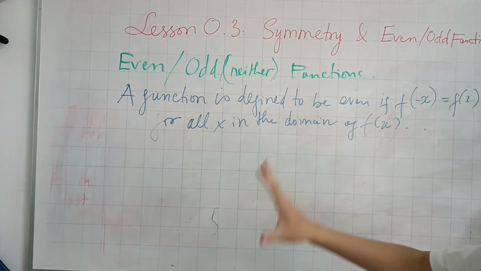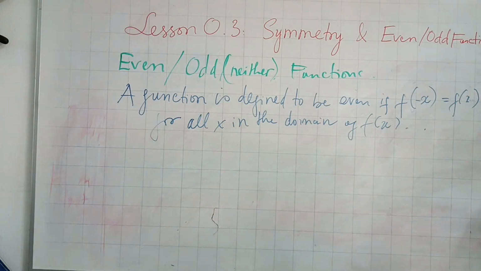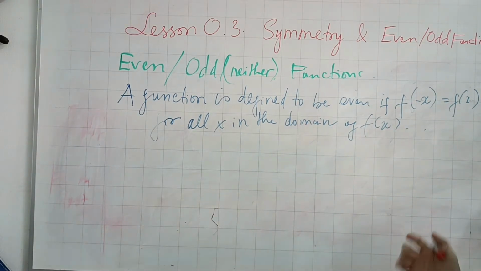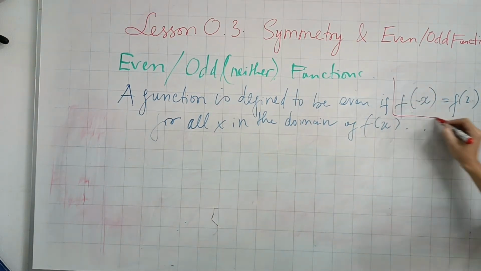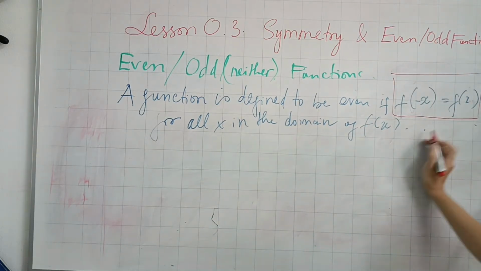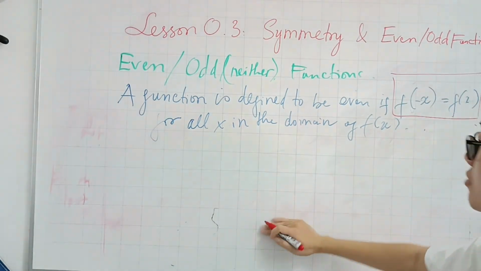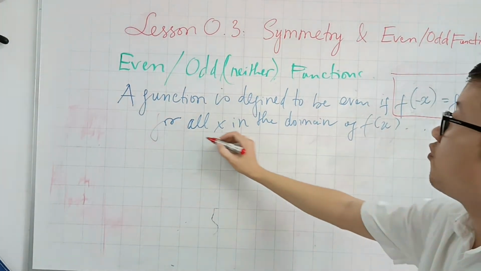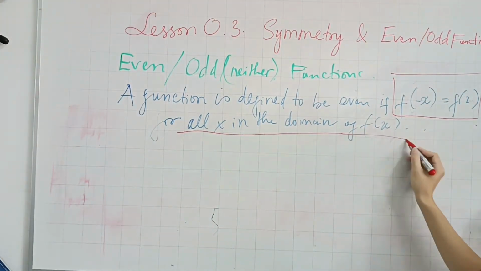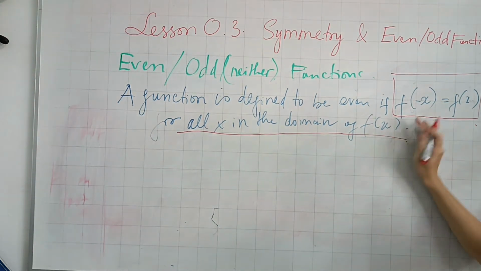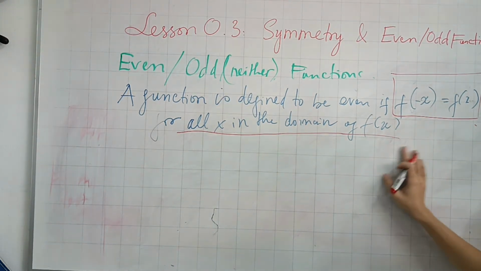We have two conditions here. The first one, I think almost all students remember it. It is f(-x) equals f(x). It's very easy to remember. But the second condition, for all x in the domain of f(x), a lot of students forgot this condition.